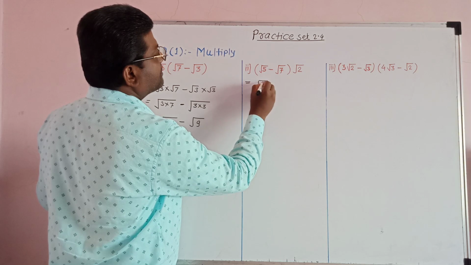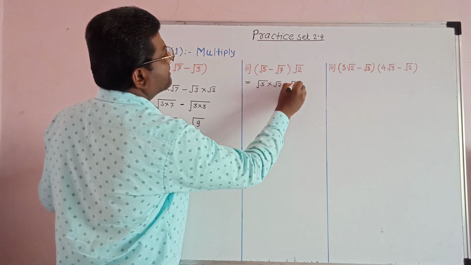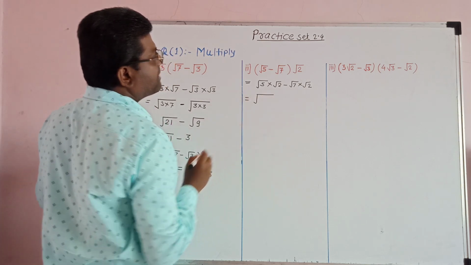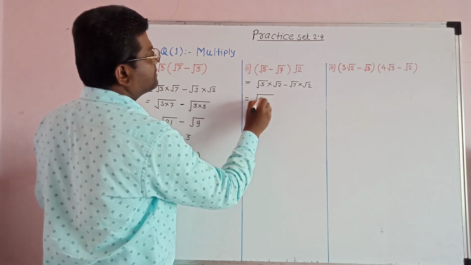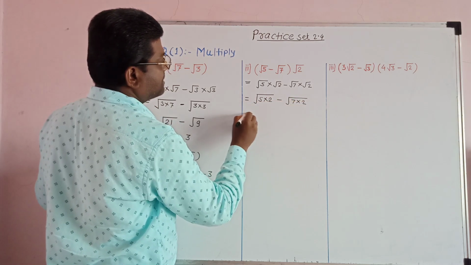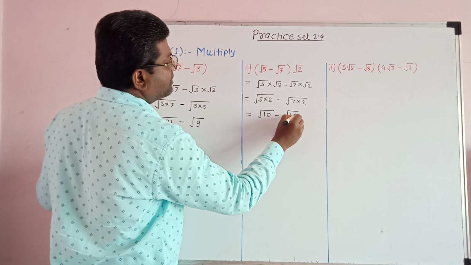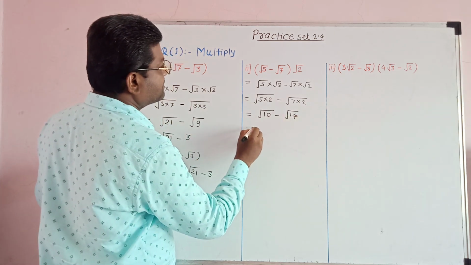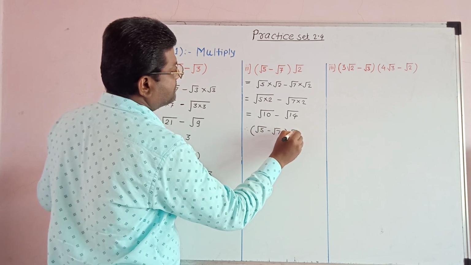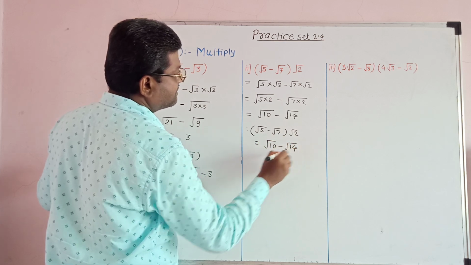Therefore we have √5 × √2 − √7 × √2, which is, in common, √(5×2) − √(7×2). 5 × 2 is 10, and 7 × 2 is 14. So we write the answer: (√5 − √7) × √2 = √10 − √14.